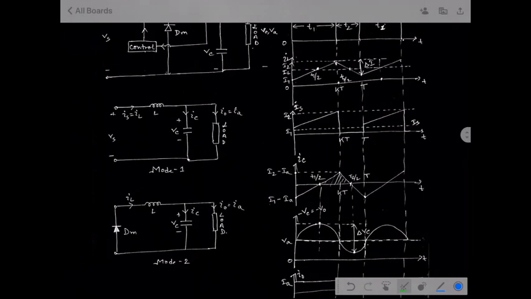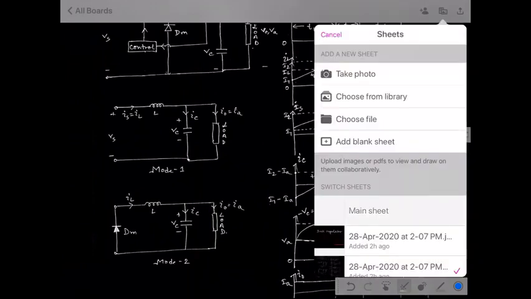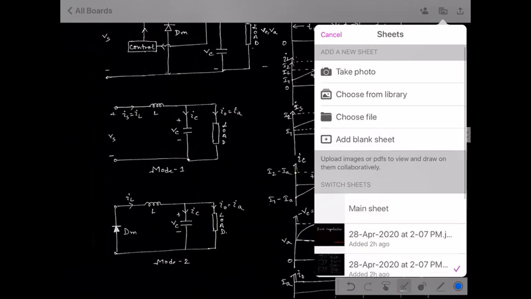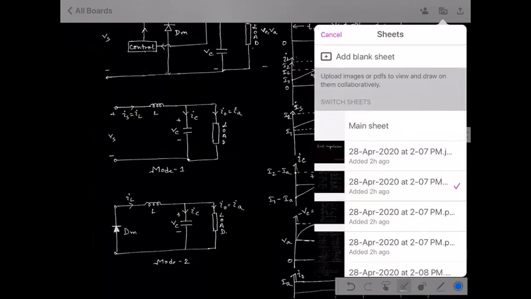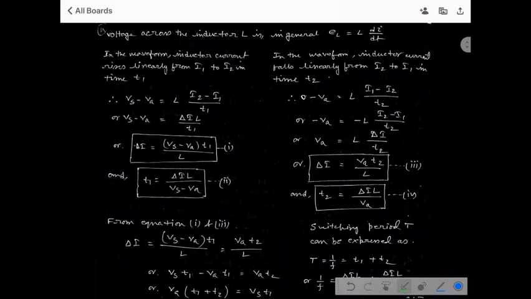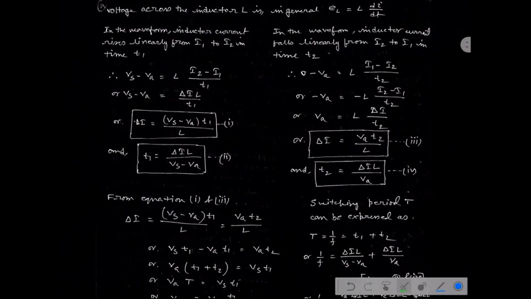Now go through the mathematical expressions. The total operation can also be described by mathematical expressions, so these are all the expressions I have done here. First go to the first one.